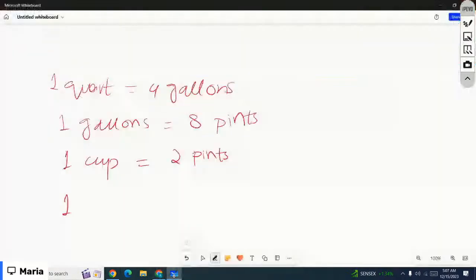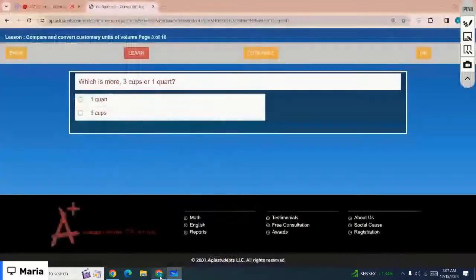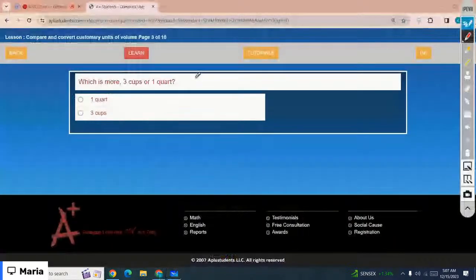So here you are given 3 cups or 1 quart. We know that 1 quart equals 4 cups. So which is more? 1 quart is more, because in 1 quart you have 4 cups and here is 3 cups. So obviously 1 quart is more. The correct option is 1 quart.